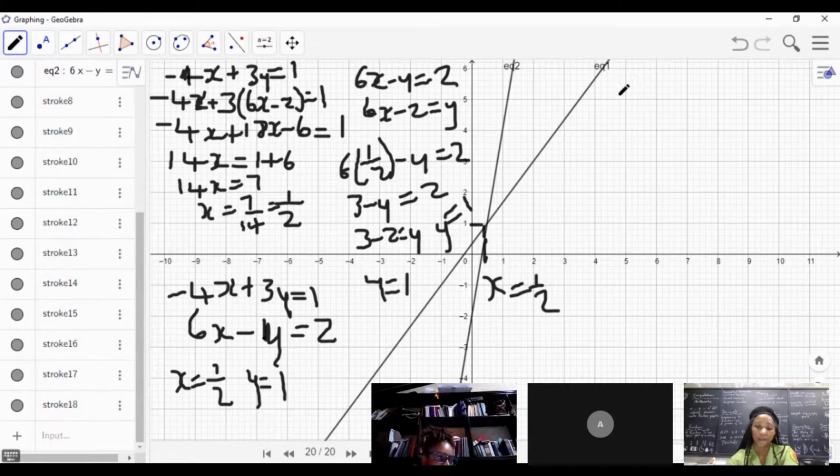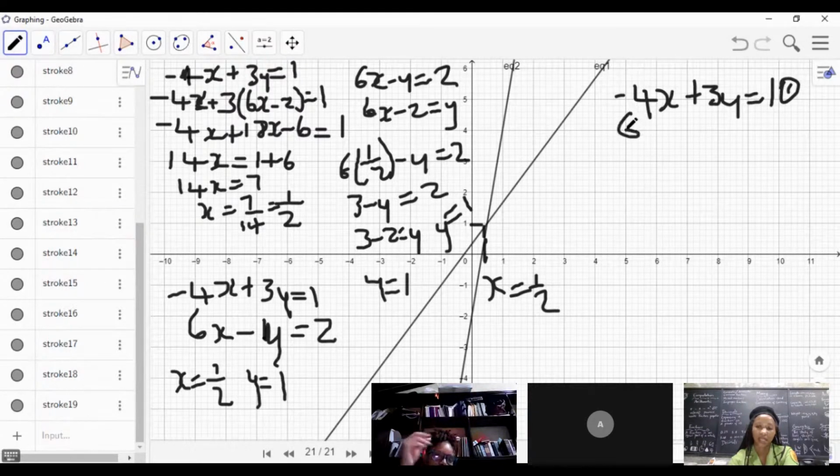So let's work them the elimination method. So we'll have minus 4x plus 3y equals 1. That's equation 1. And 6x minus y equals 2. That's equation 2.